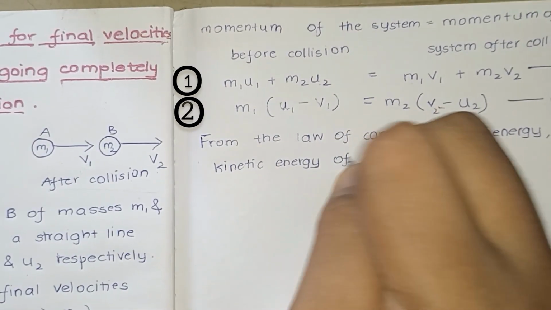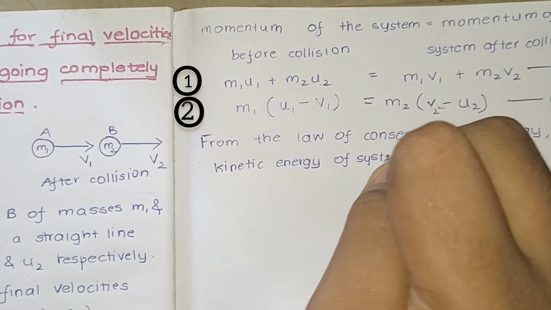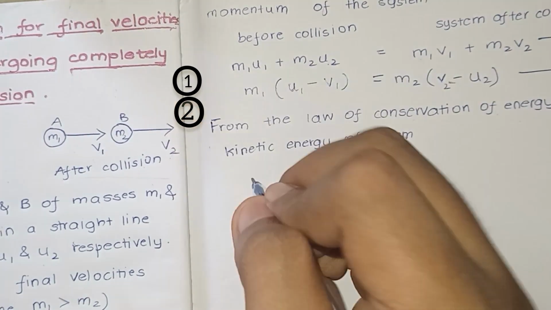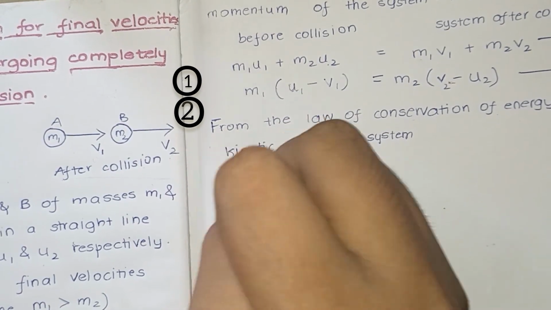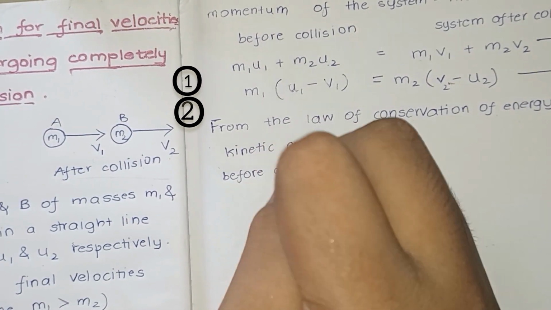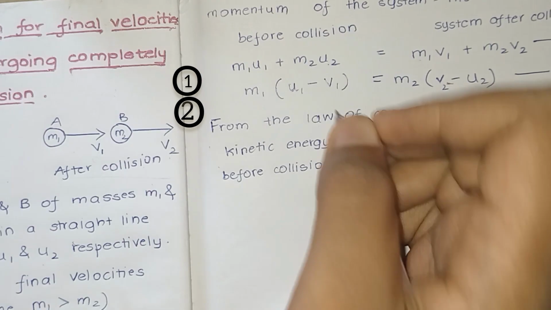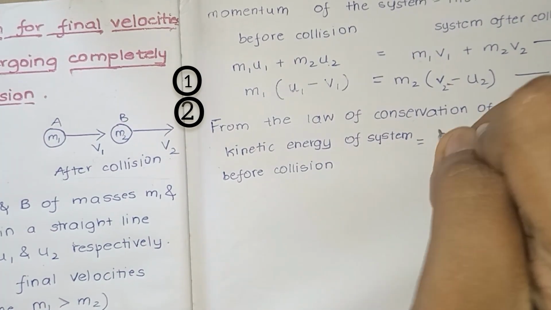We also know that kinetic energy is conserved in elastic collision. So from the law of conservation of energy, the kinetic energy of the system before collision is equal to the kinetic energy of the system after collision.